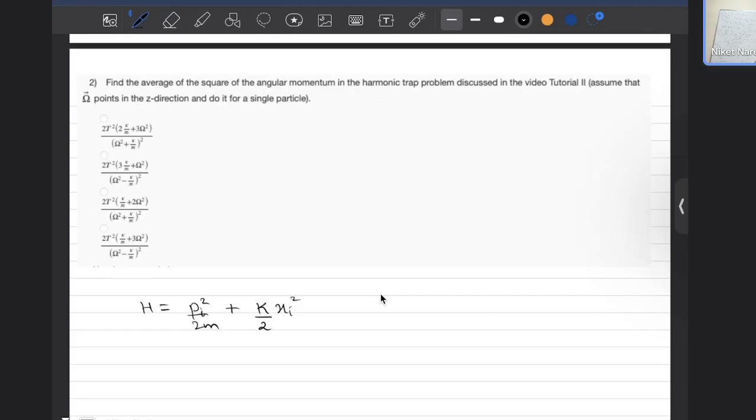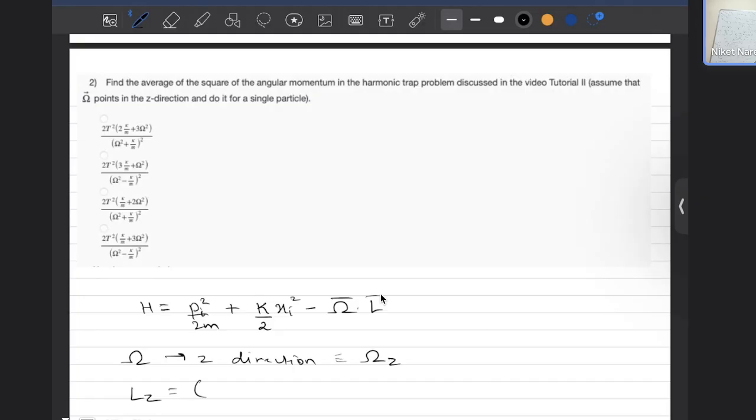And you also have a term of this form, omega dot L. But now it's given that omega is in the z direction only, corresponding to omega z. So in that case, I will only have Lz, which will act.